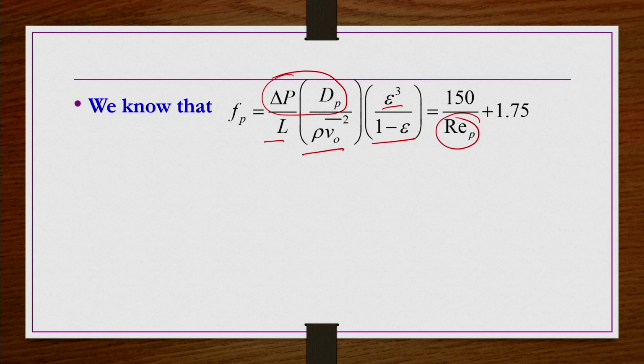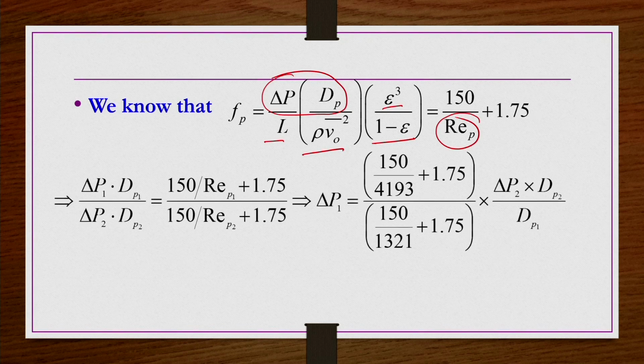So, we can write it as two cases, case 1 the previous problem, case 2 the present problem. Then we can write delta P1 dP1 by delta P2 dP2 is equal to 150 by Rep1 plus 1.75 whole divided by 150 by Rep2 plus 1.75, so as to reduce our calculations.